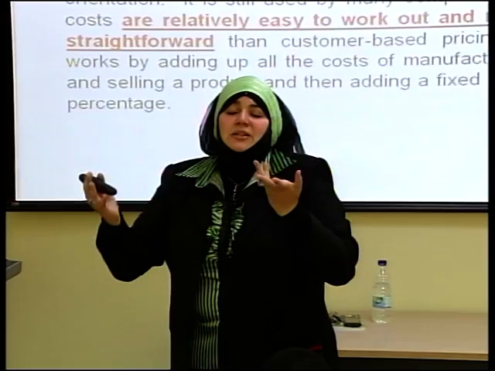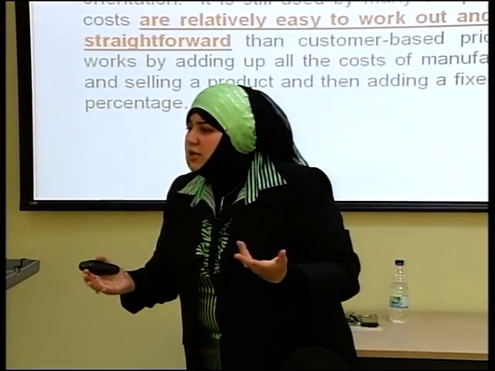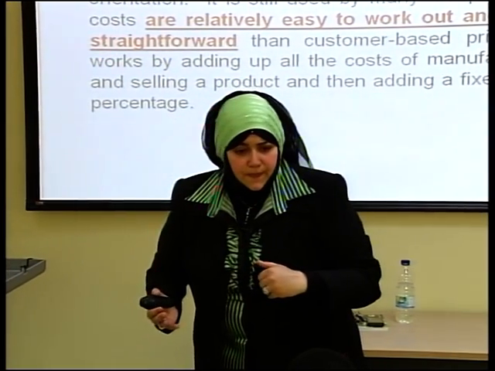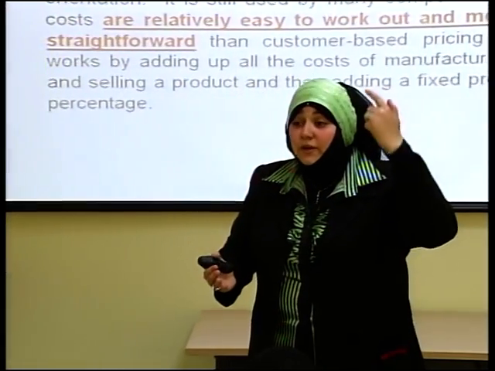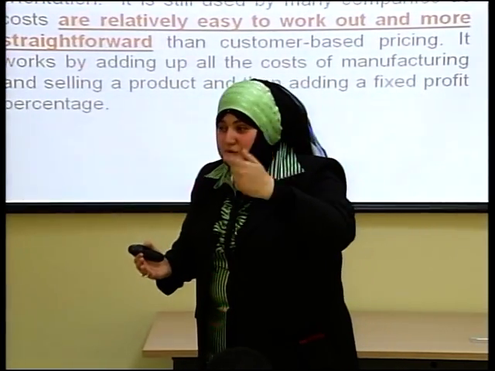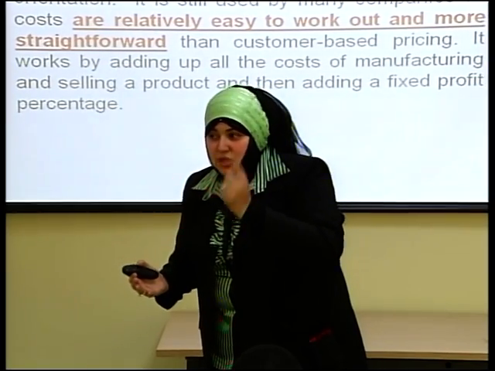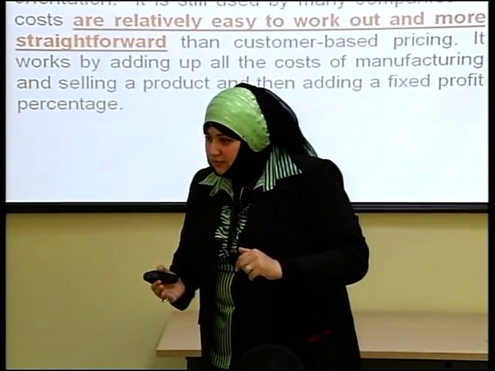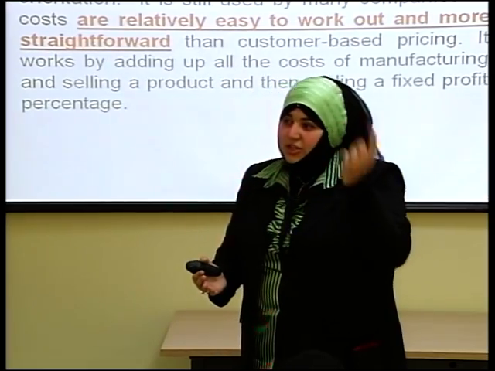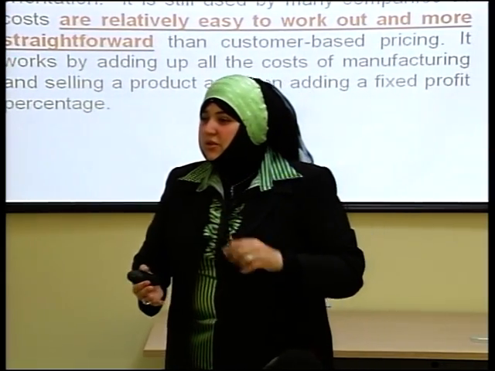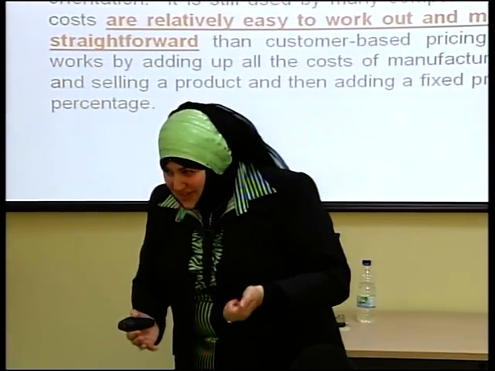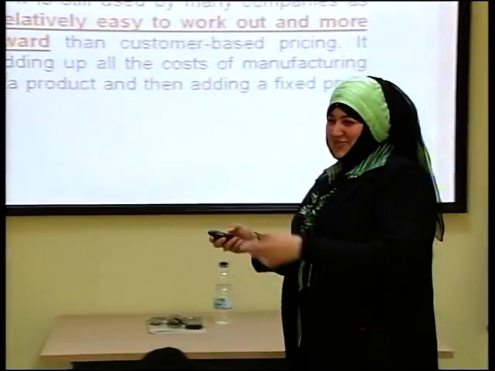Say the company decided to add a 10% profit percentage. So they should offer it to consumers at which price? 10% in addition to the cost. The cost is how much? $100. I should write it for you.